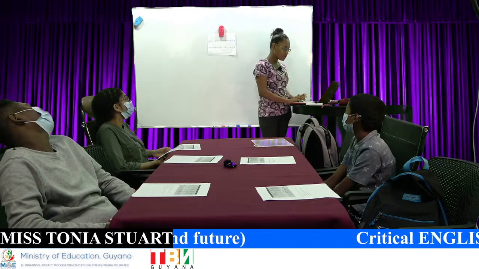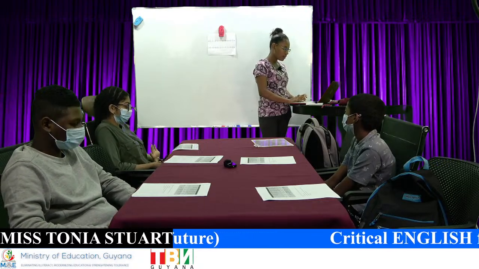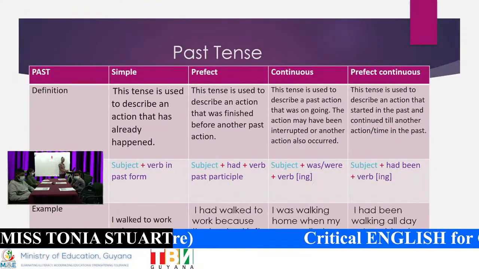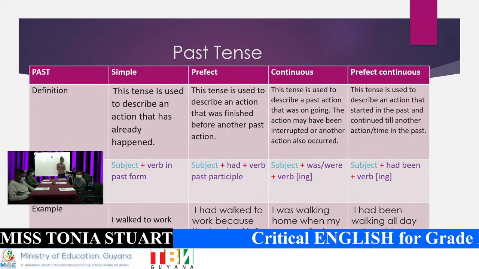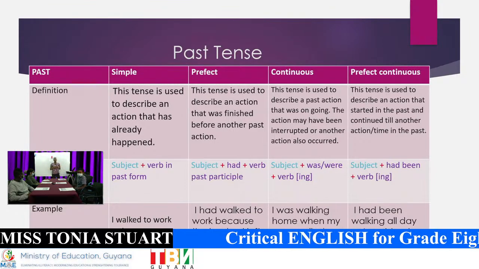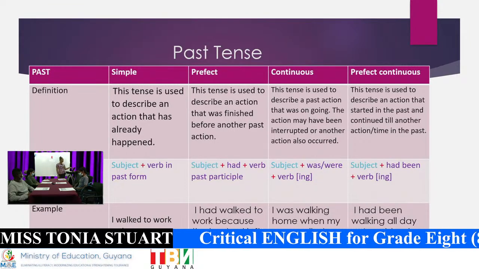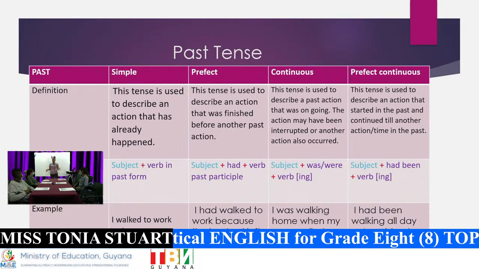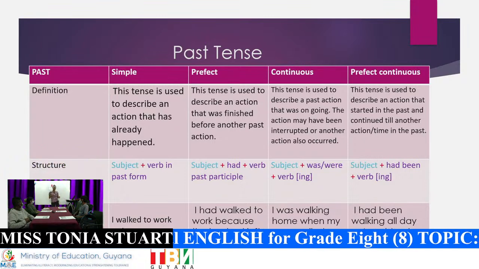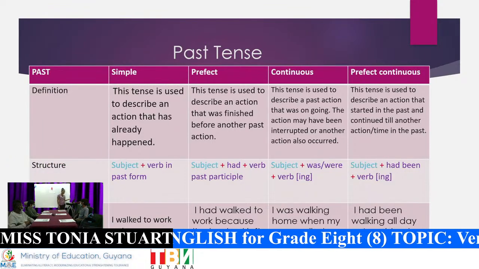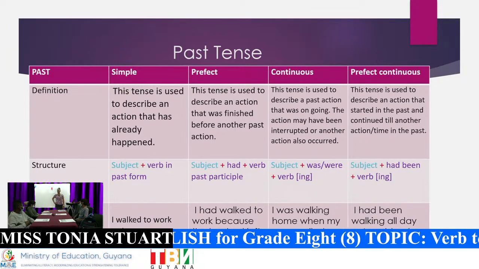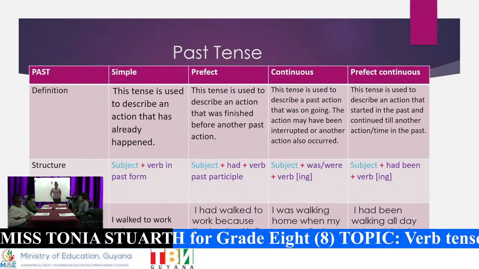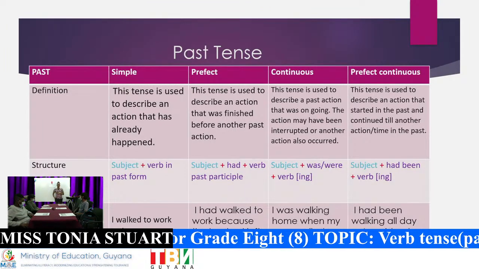So we're going to go to the slide, and the first thing we're going to look at is the past tense. Now, when we look at the past tense, there are 4 ways in which the past tense can work. The first way is the simple past. Who wants to read? Anybody want to read for us?